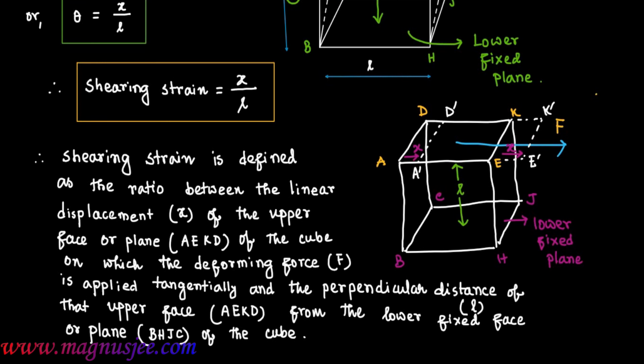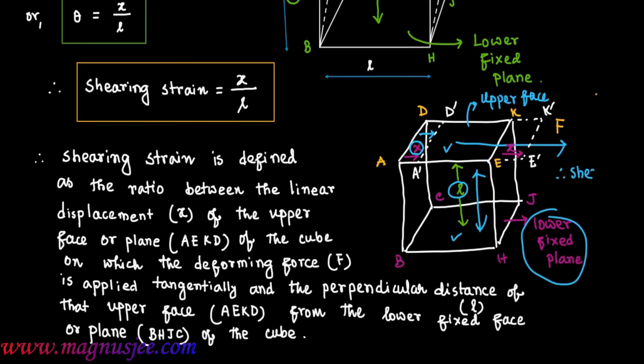So that is another definition of shearing strain. In the diagram, this is the upper face, and L is the distance of this upper face from the lower fixed face. Therefore, shearing strain is equal to x by L.